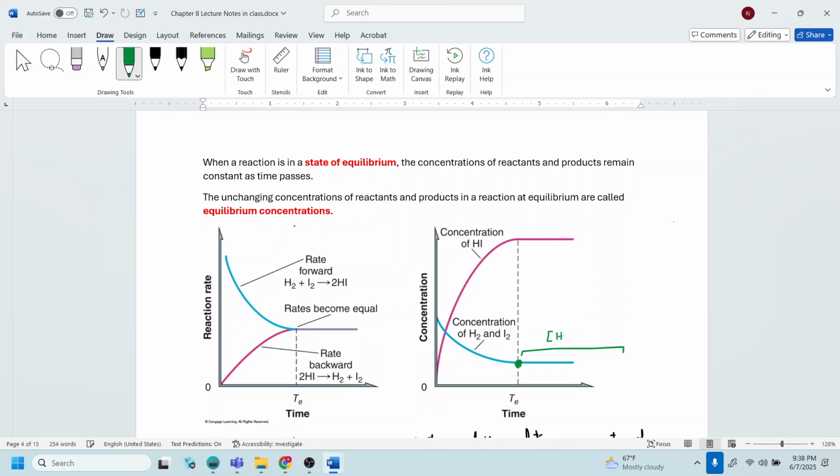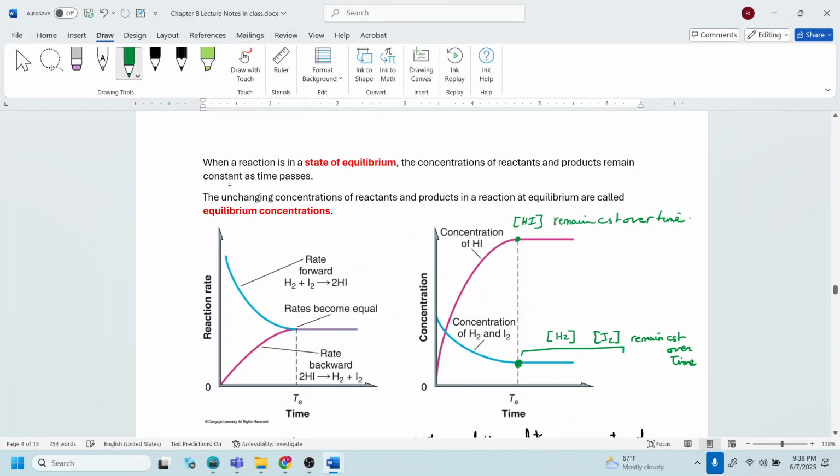So the concentration of the hydrogen, the concentration of the iodine, this is I2, is going to remain constant over time. And the concentration of the product also is going to remain constant over time.